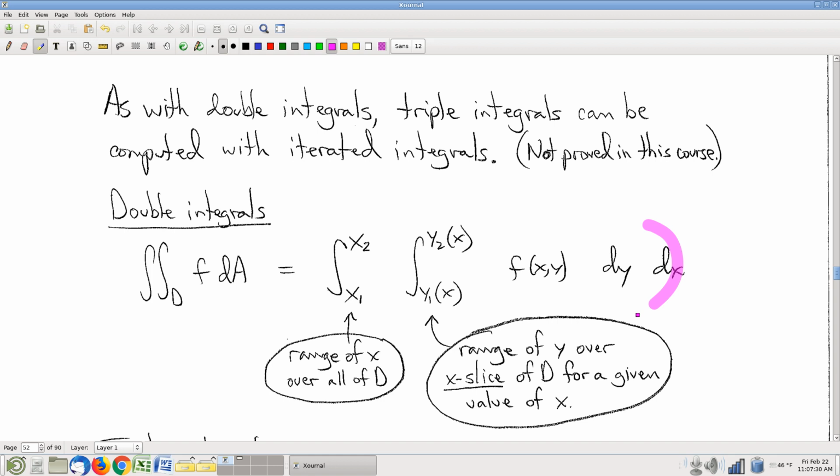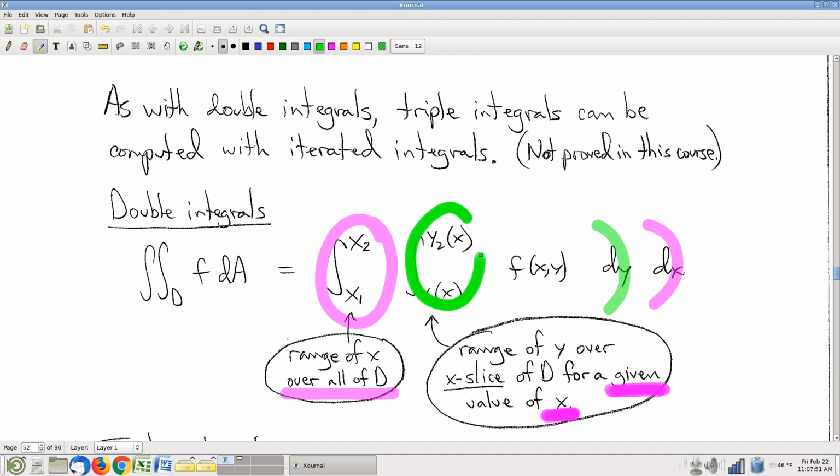For the outside integral, we put here the range of the values of that variable over the entire solid. That's sort of the easy part. Then you fix a value of that outside variable. For the inside integral, you look at the range of values over just a slice, right? So we fixed a value of the outside variable, and then only on that slice do we look at the resulting range of values of the inside variable.